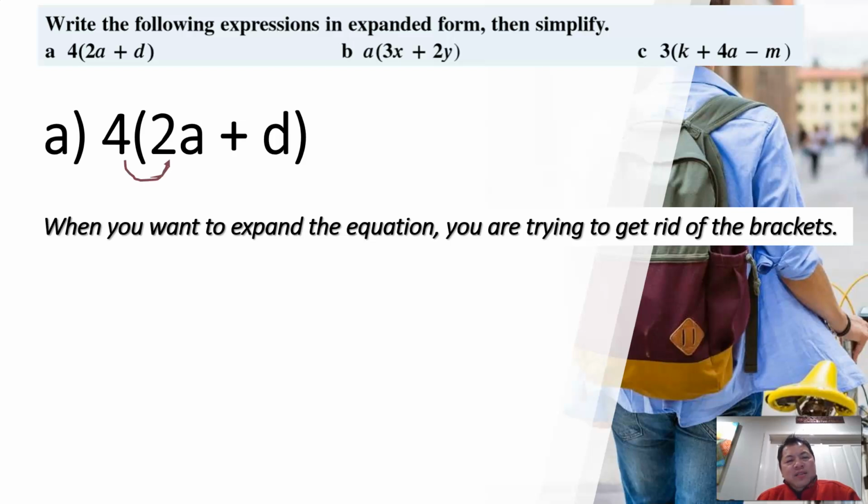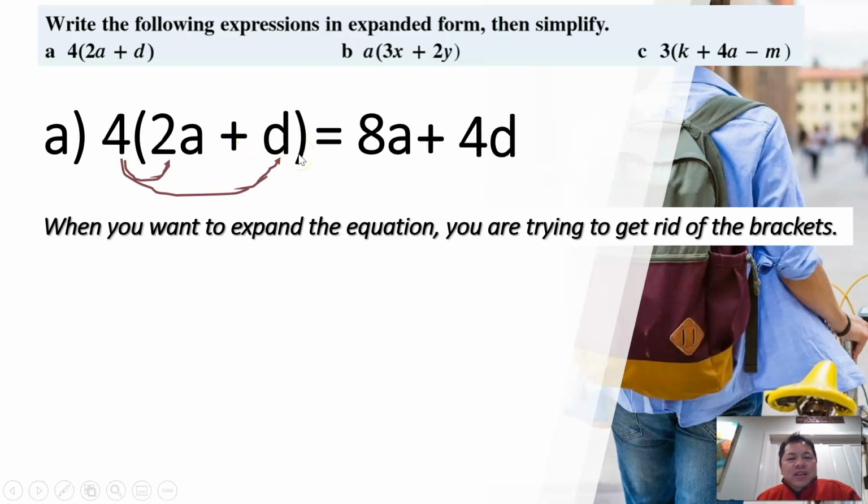Looking at this, 4 times 2a is 8a. Next thing again, you draw the other curvy arrow. 4 times d. Remember this plus here, 4 times plus d is plus 4d. So that's how it looks when you expand this expression.